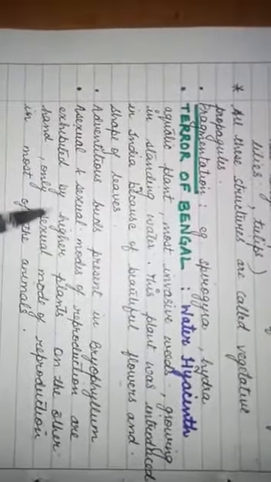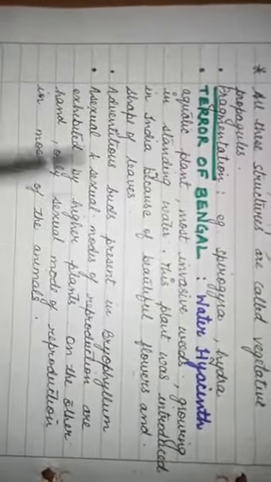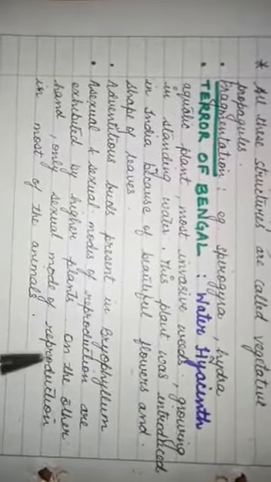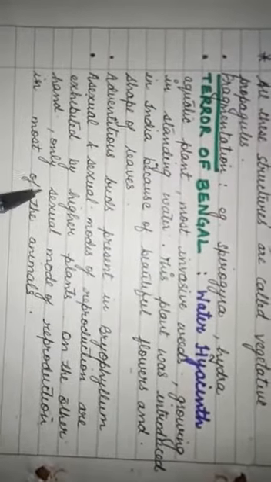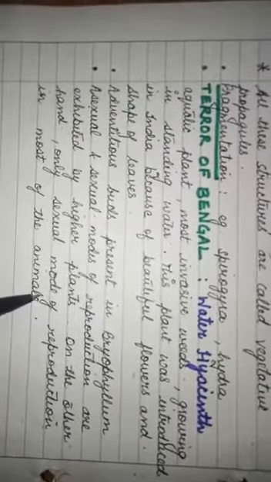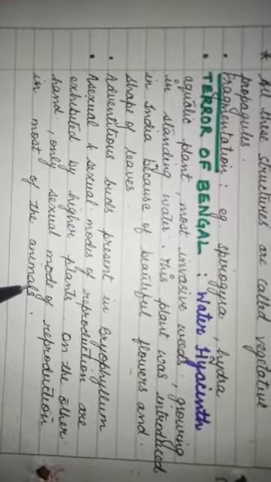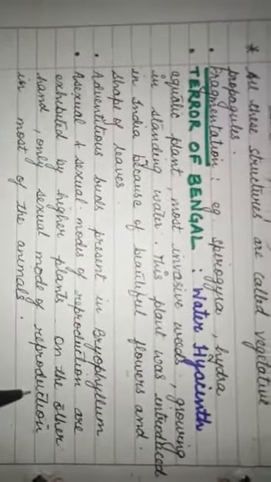So with this we have concluded that asexual and sexual modes of reproduction are exhibited by higher plants. But in animals mostly only sexual reproduction is present. Only in lower animals or single-celled organisms you find asexual reproduction.